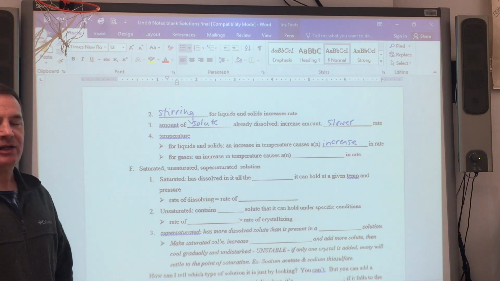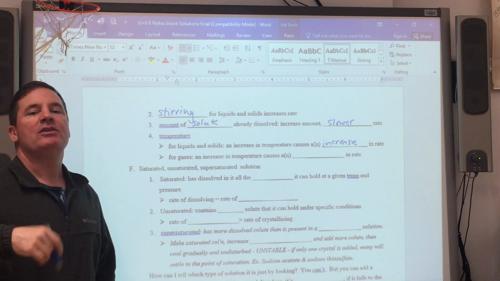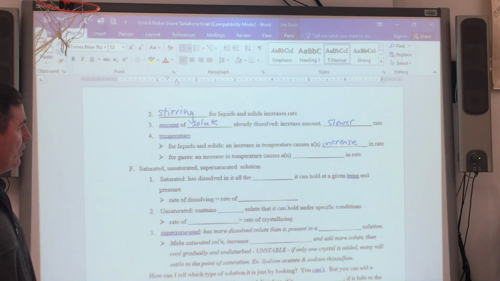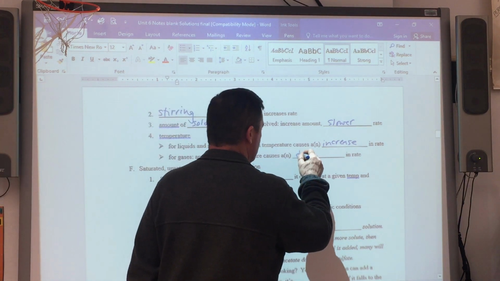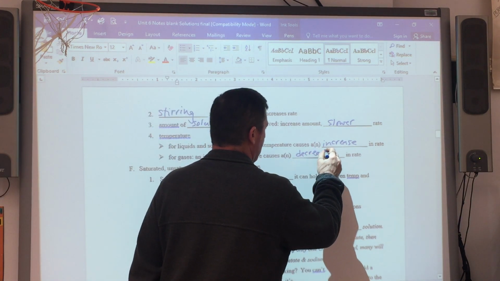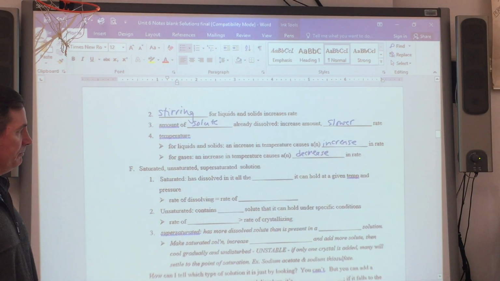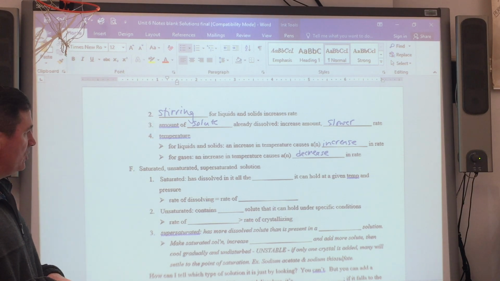Like if you were making hot chocolate, if you made it with cold milk, it would take quite a long time to get it to dissolve versus if you had hot milk. For gases, an increase in temperature causes a decrease in rate. And that's for the same reason. Okay? So, make sure you can access that information.